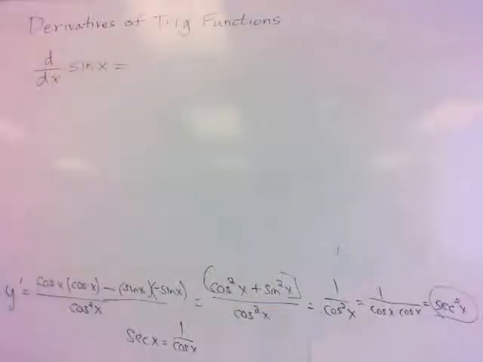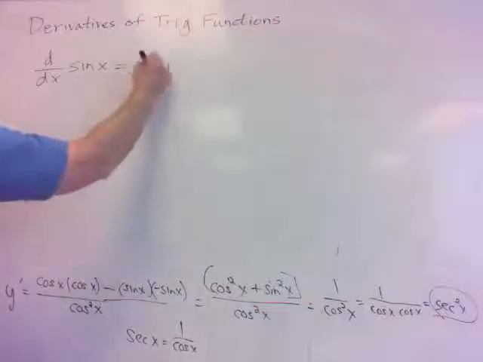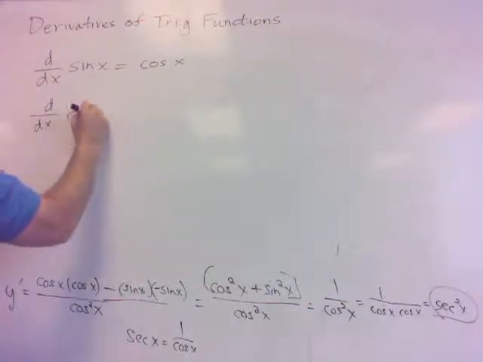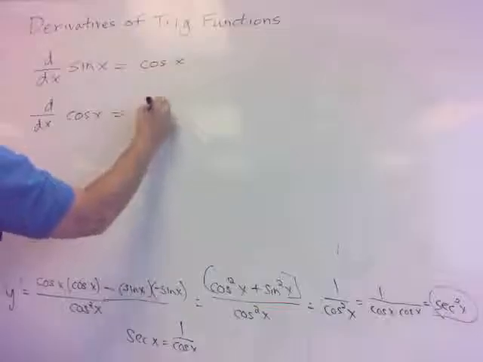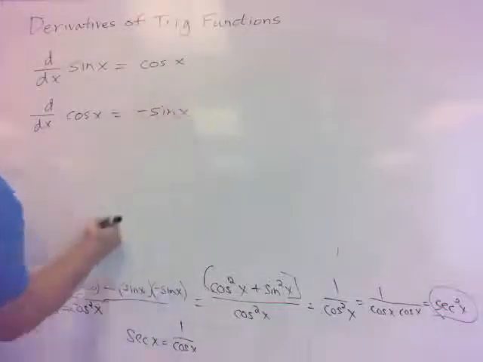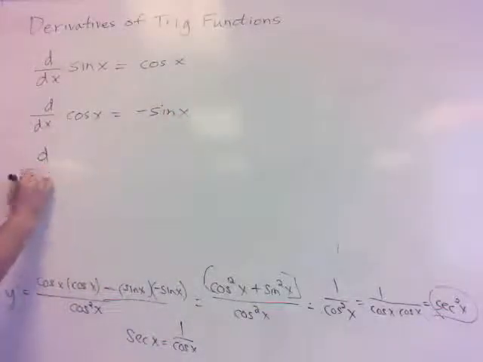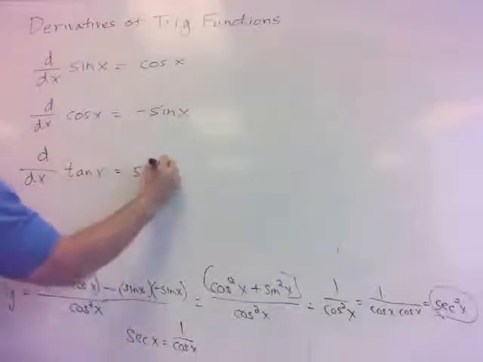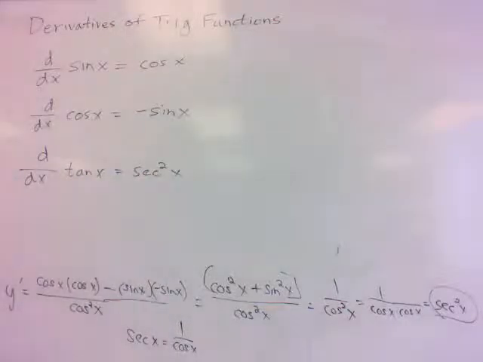So we saw that the d/dx of sine of x, derivative of sine, is cosine. The d/dx of cosine, well, it was almost as nice, but it's minus the sine. And then we just saw the d/dx of tangent of x is secant squared. So we'll need to know those.